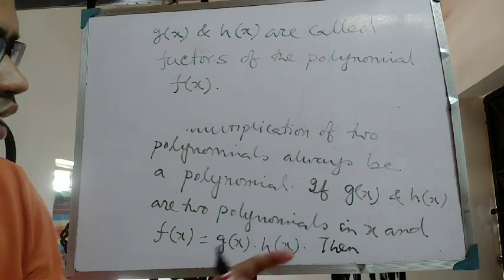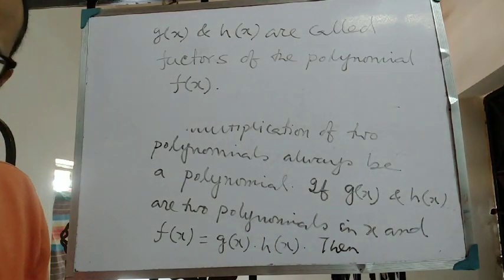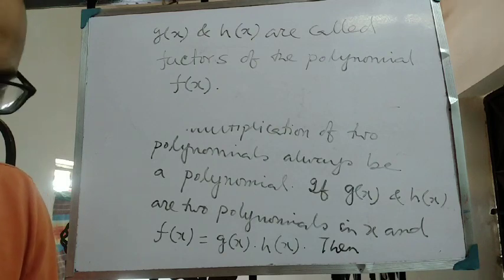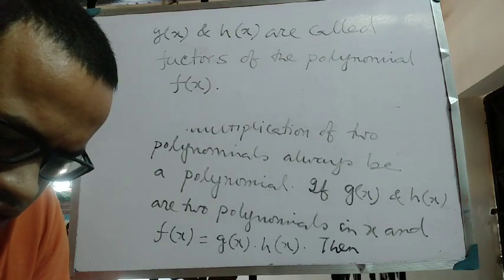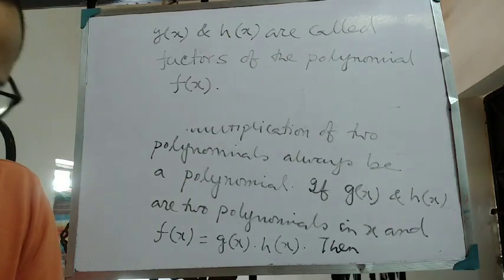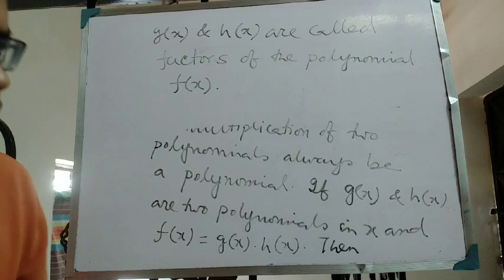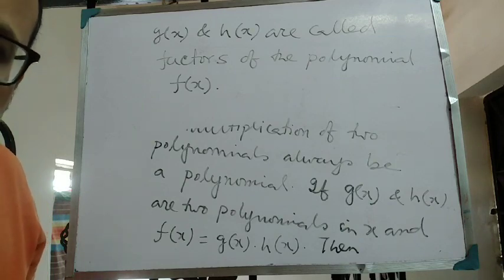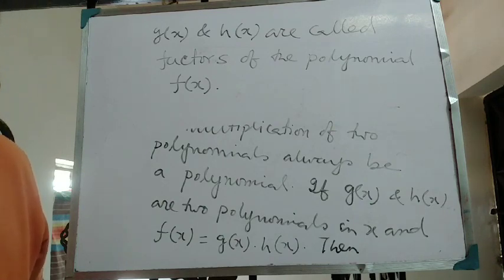So if g(x) is a polynomial and h(x) is 0, then g(x) cannot be divided by h(x). Any expression cannot be divided by 0. So in general you cannot say that the division of two polynomials is always a polynomial, provided the divisor must be a non-zero polynomial.